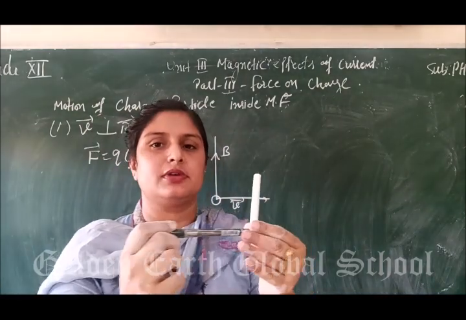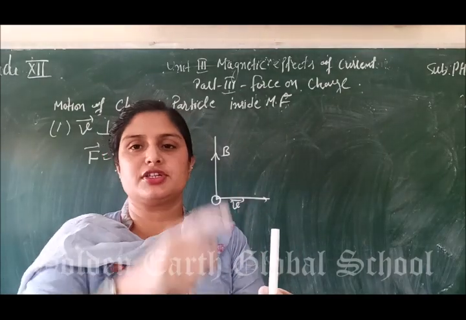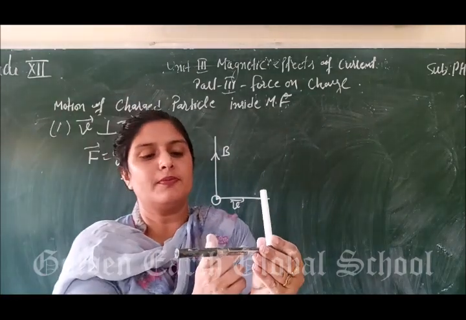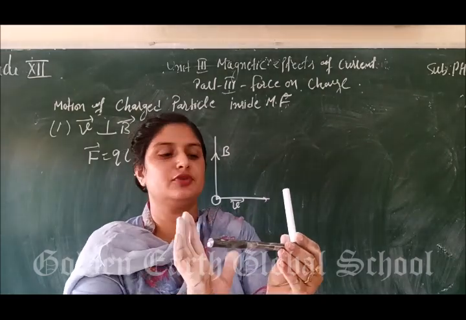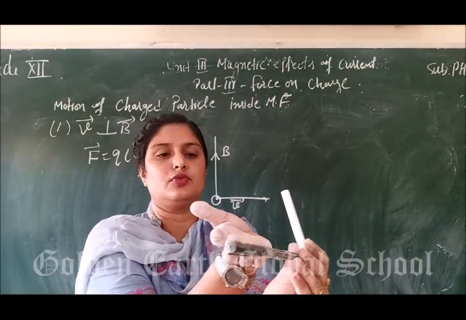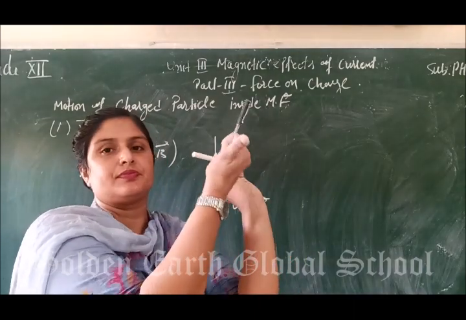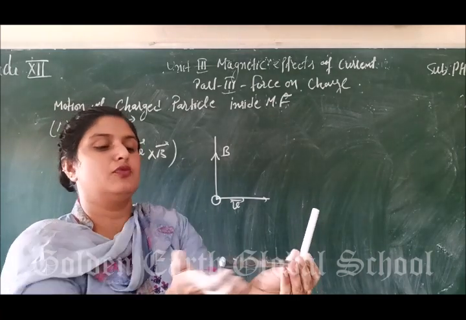Chalk is acting in the z direction, means I am marking the upward direction as z, and this is the x-axis. I have to move from this velocity V to B by using the right hand rule. We will move like this.